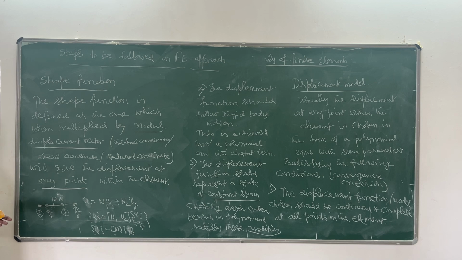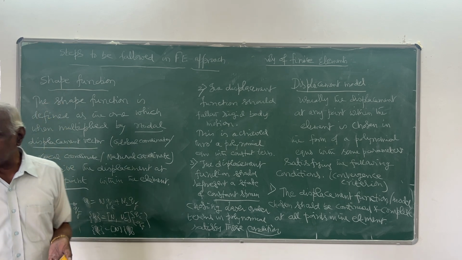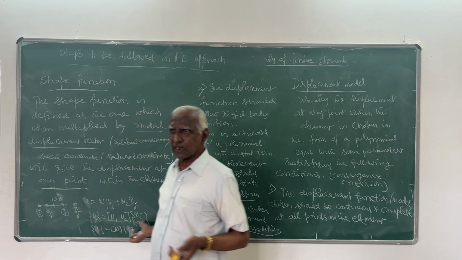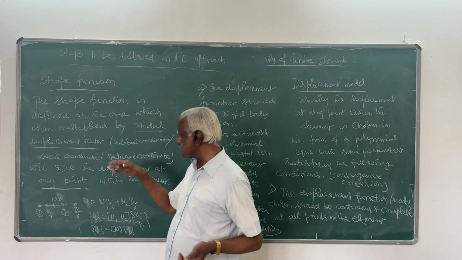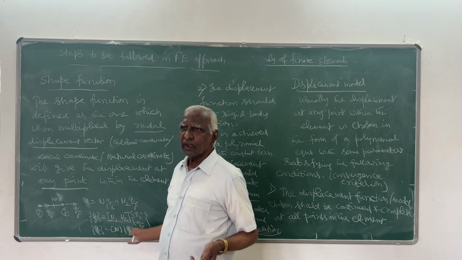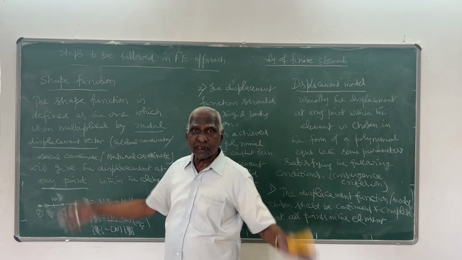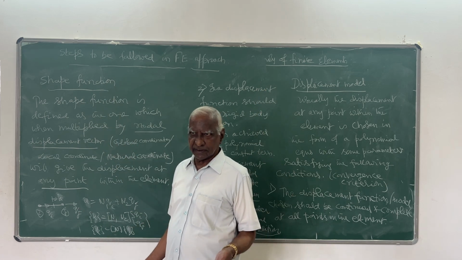The Lagrangian formula is easier for choosing the shape function along a line, either along the x-axis or y, or both x-y if it is a plane figure. So that's about the shape function and displacement model, the various aspects of displacement: displacement at any point and displacement at the major nodal points, which we have to determine.